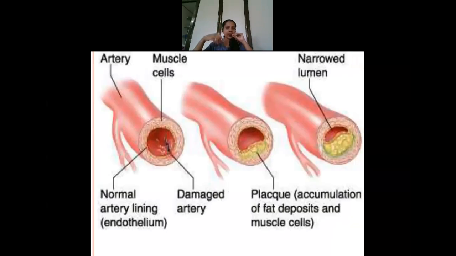That time it results in myocardial infarction, that is your heart attack. Why myocardial infarction? Because this blood clot may get dislodged anywhere and it can stop the blood flow to any part of the heart. That time it will cause MI.